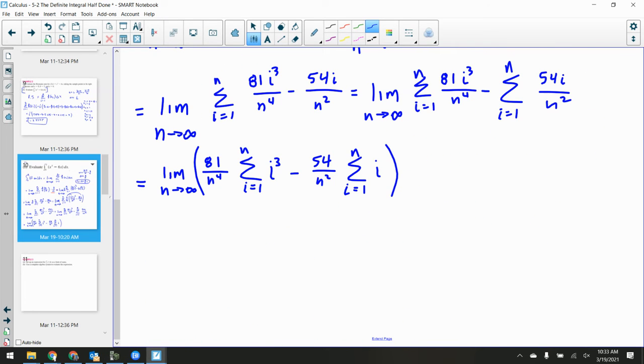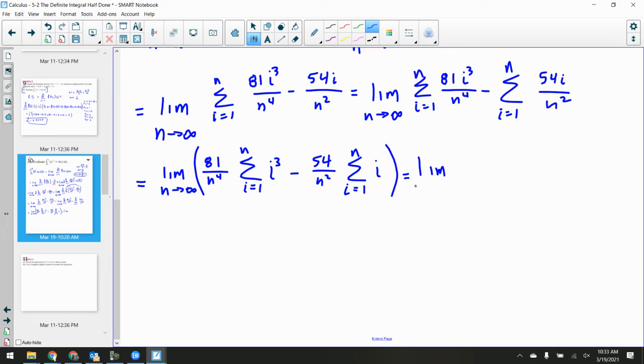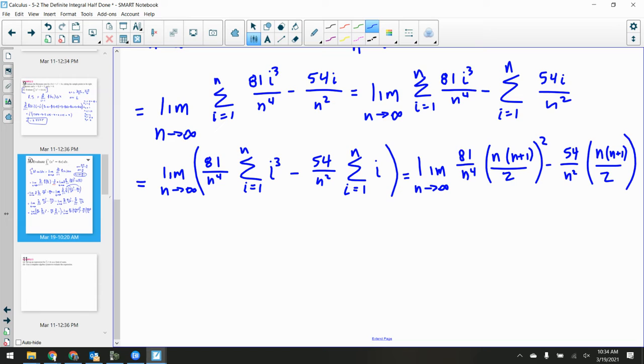So we saw from the other page that this is going to equal the limit as n goes to infinity of 81 over n to the fourth times, now i cubed is n times (n plus 1 over 2) all squared, minus 54 over n squared times n plus 1 all over 2.